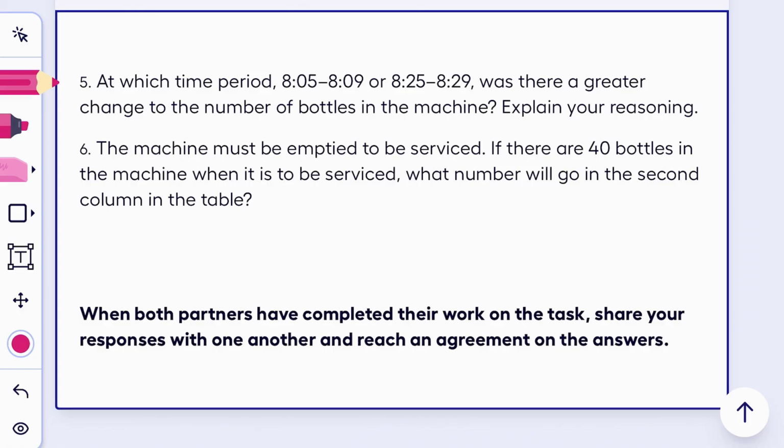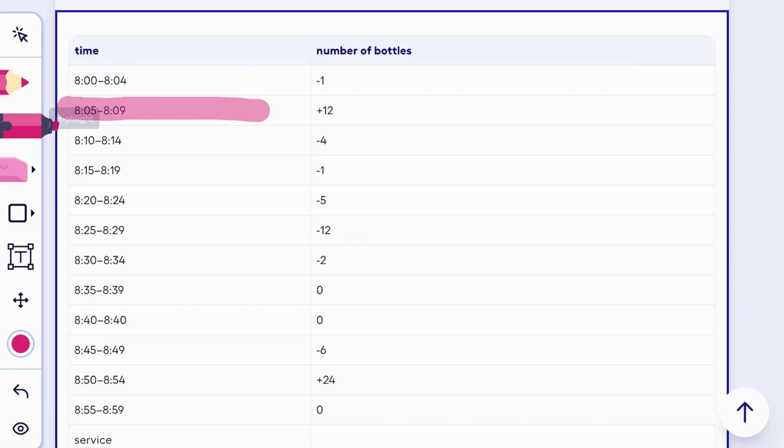At which time period, 805 through 809 or 825 through 829, was there a greater change to the number of bottles in the machine? Explain your reasoning. And 825 this time. So which experienced the greatest change? I'd say neither, because one was a positive 12 and one is a negative 12.